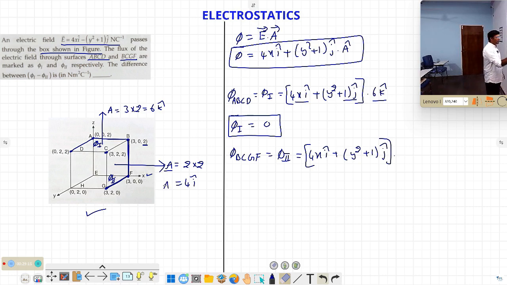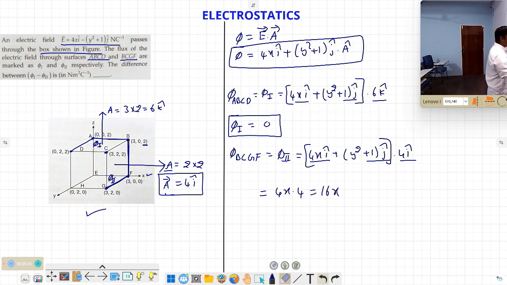So this area vector is 4 i cap. If you take the dot product of this, i dot i becomes 1 and j dot i becomes 0. So the second term becomes 0. So remaining is 4x into 4, i dot i is 1, that is 16x here.